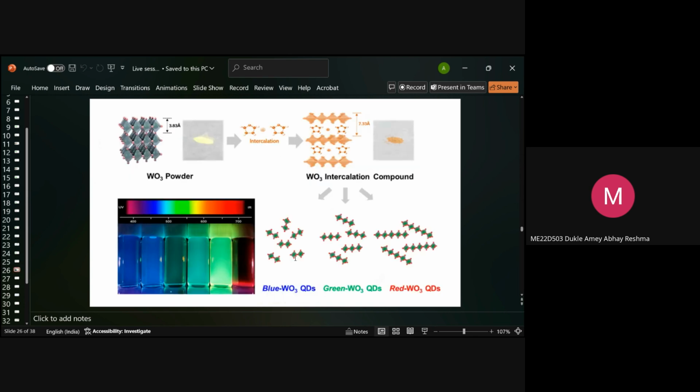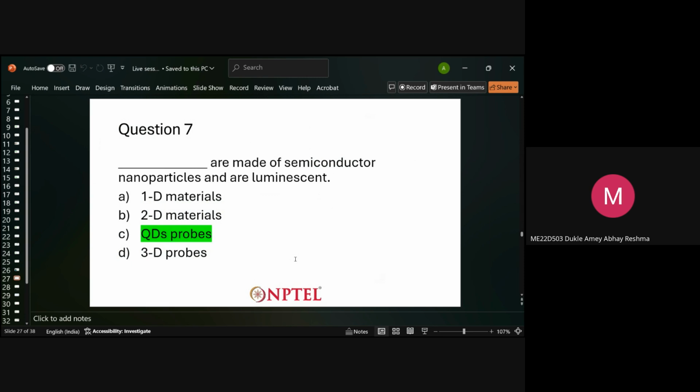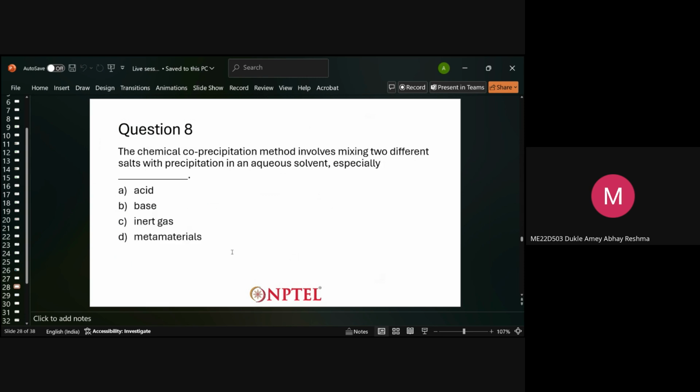So here they are using nanoparticles, and depending on the size, you'll see different types of absorbance. So you will get blue, green, red, different types of colors based on the size. That is why the answer is quantum dot.